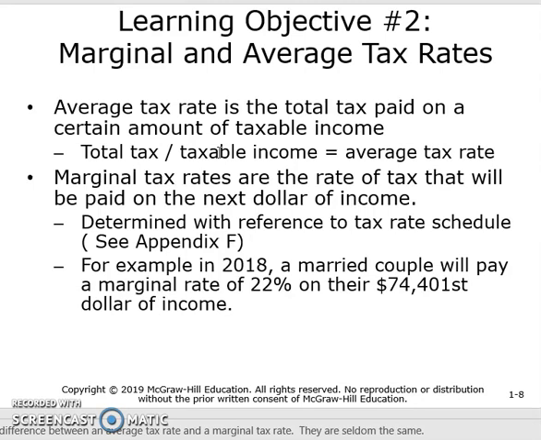And this is the rate of tax that will be paid on the next dollar of income. So for example, in 2018, if you look at your tax rate schedule for married filing jointly, you'll see that a married couple will pay a marginal rate of 22% on their $74,401 of income.